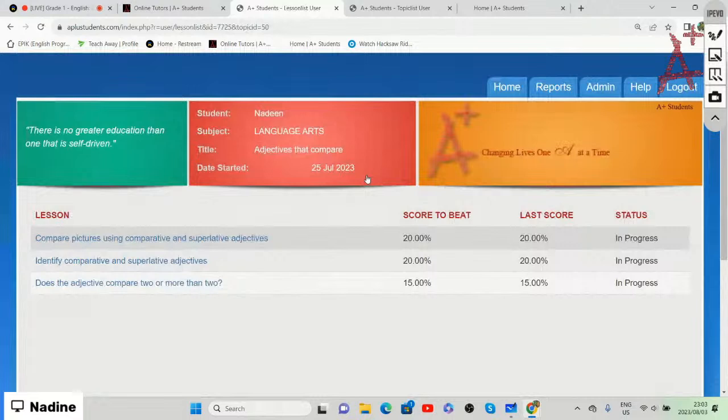So that is going to be our focus lessons for tonight under the chapter of adjectives that compare.